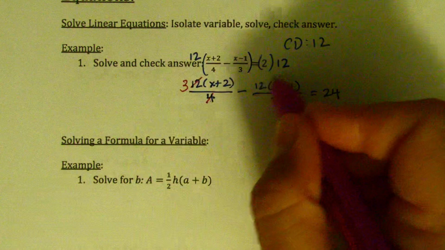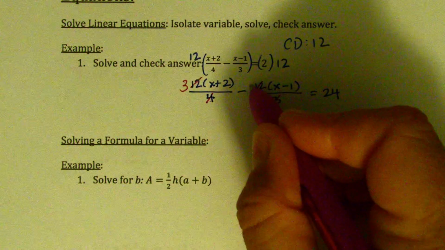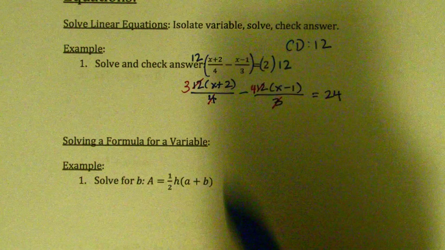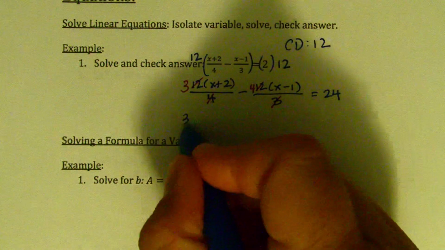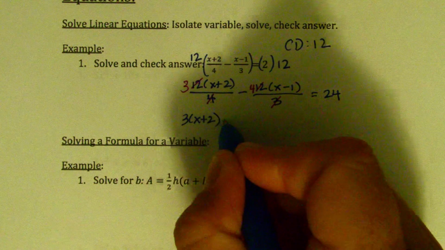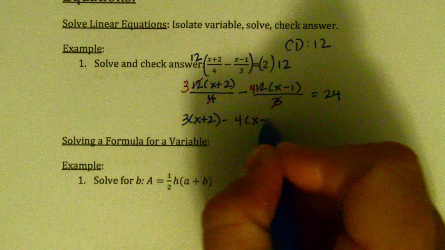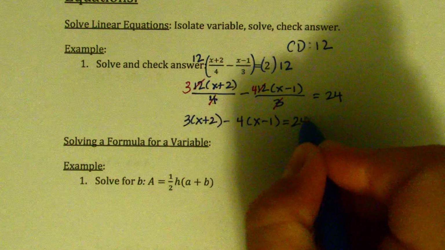That becomes a 3. 12 and 3 reduce. That becomes a 4. And now I have no more fractions. Fractions are gone. I just have 3 times x plus 2 minus 4 times x minus 1 equals 24.